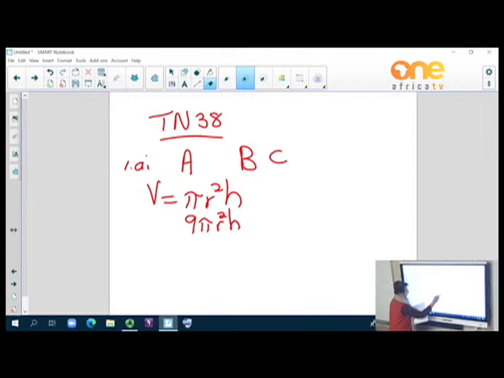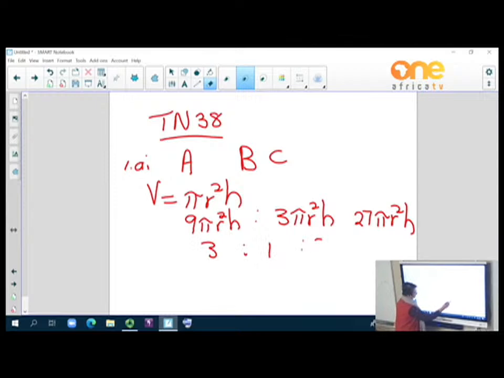Yeah, pi r squared h. So that one is the 9. 3 pi r squared h. And the last one is 27 pi r squared h. So working with letters, now you can simplify your ratio to be 3 to 1 to 9. That is the ratio. You get the volume and then you get that ratio.